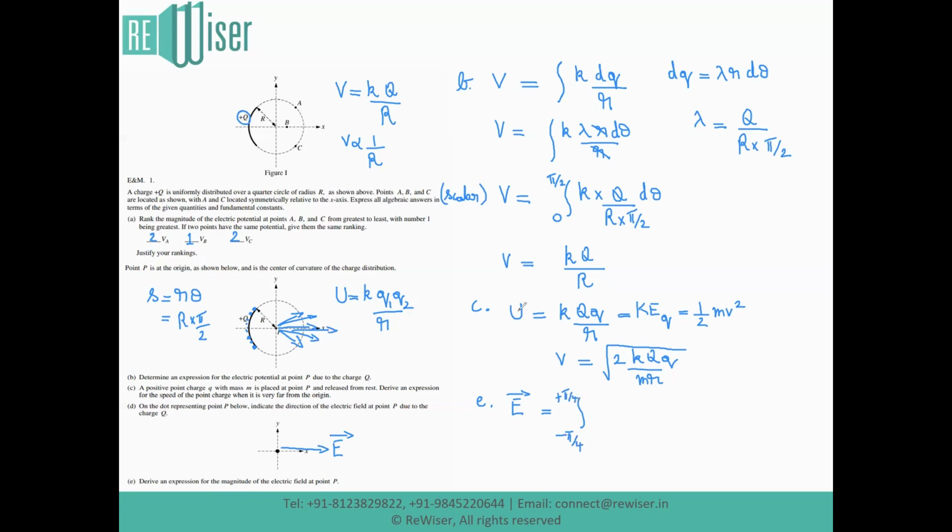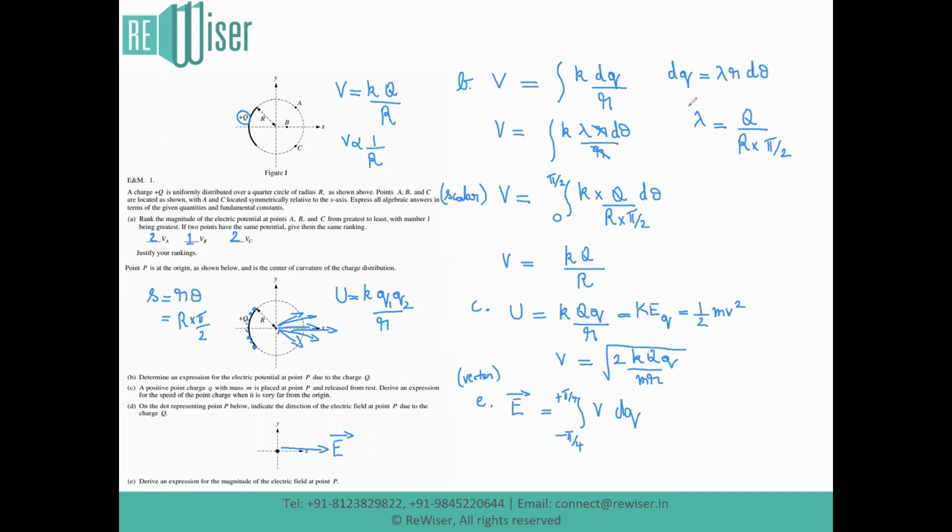The reason we are changing the limits from 0 to pi by 2 to minus pi by 4 to plus pi by 4 is simply because electric field is a vector. Minus pi by 4 to plus pi by 4 of K dq over R squared, times cosine theta, to be specific.